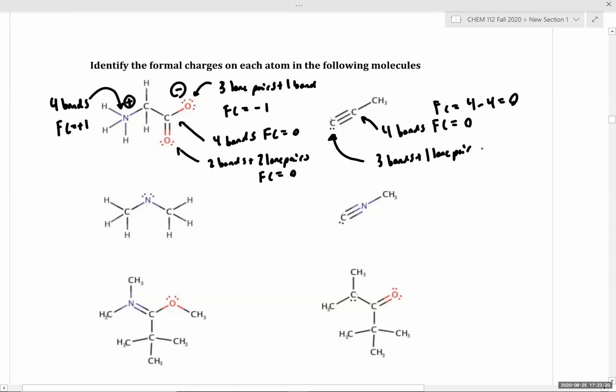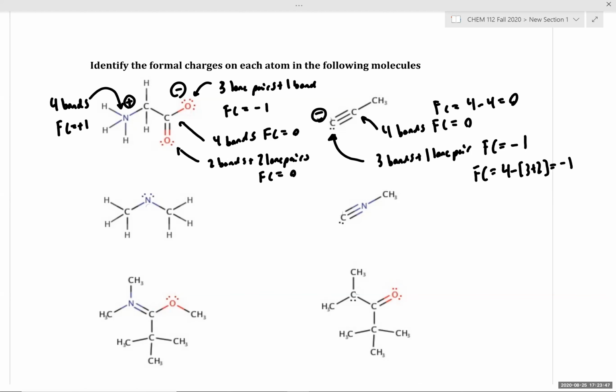Following our common bonding patterns, this would give us a predicted formal charge of -1. You can showcase this by taking your group number minus the number of bonds plus the number of lone pair electrons, giving us a formal charge of -1. So we've assigned the formal charges to all atoms in each of our structures.